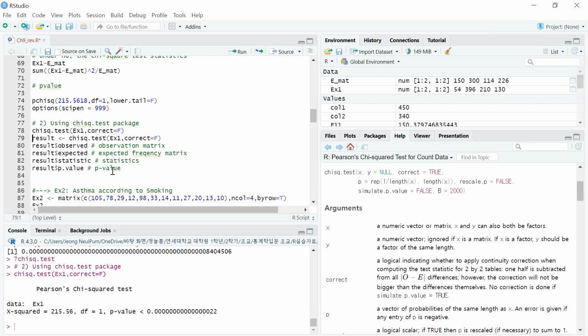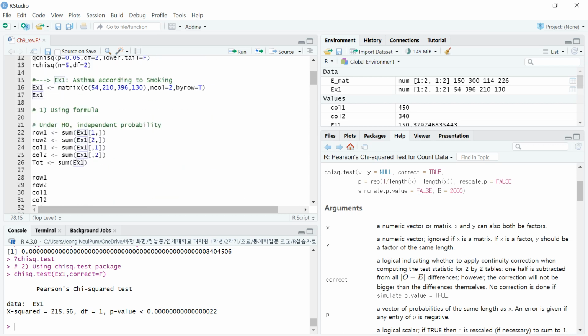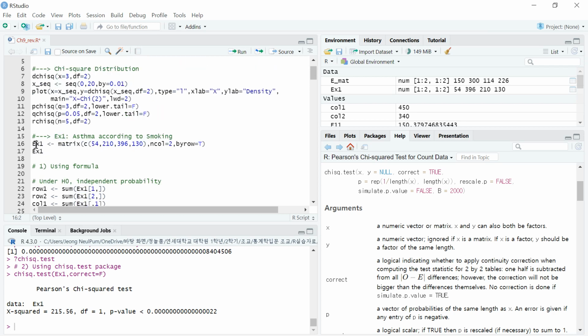You can see that as our input, the only input we have to use is just the original sample, which is ex1 that we already made at the first time here.